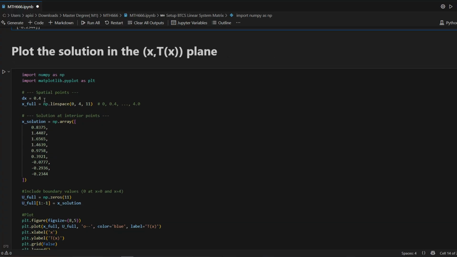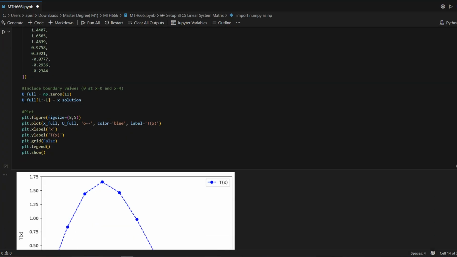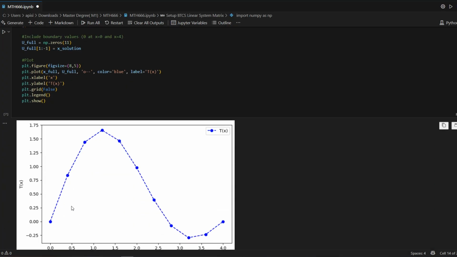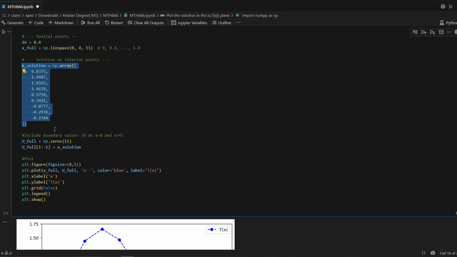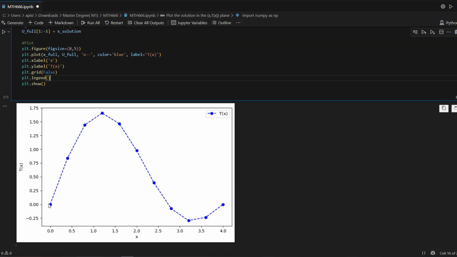And next we need to plot the solution in the position and temperature plane. We need to calculate and visualize the temperature distribution along the rod at a specific time step. The interior temperature values are computed from the matrix solution, while the boundary temperatures are set to zero, and the results are combined into the full arrays, which are then plotted to show how the temperature varies along the spatial domain.